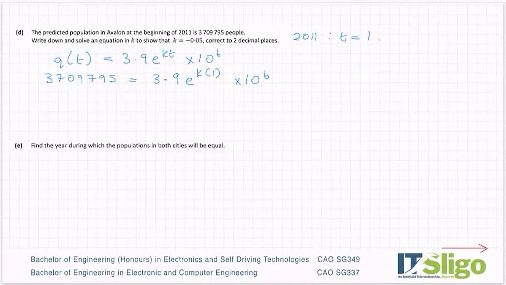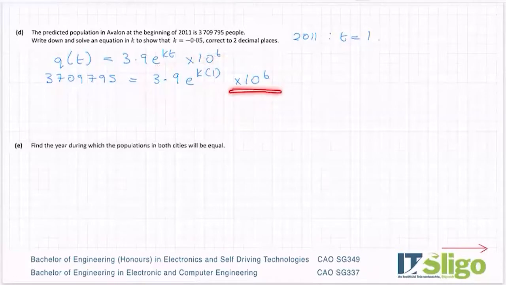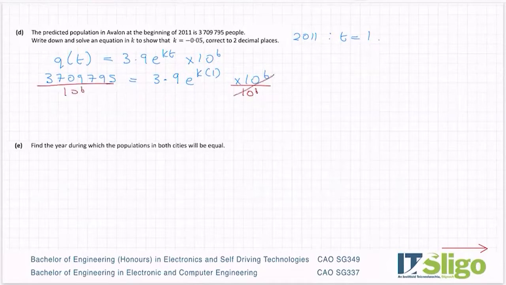We did a few of these now in the last class, where we had to solve for a power. So if you remember what we did, we tried as much as possible to strip away from around the letter that we needed. So I'd like to get rid of the 3.9, and I'd like to get rid of the by 10 to the 6. It doesn't matter if you do both together or each separate. So let's divide by 10 to the 6 here first.